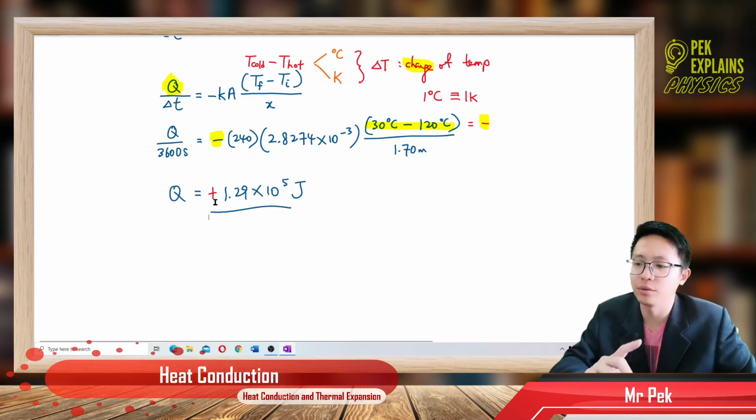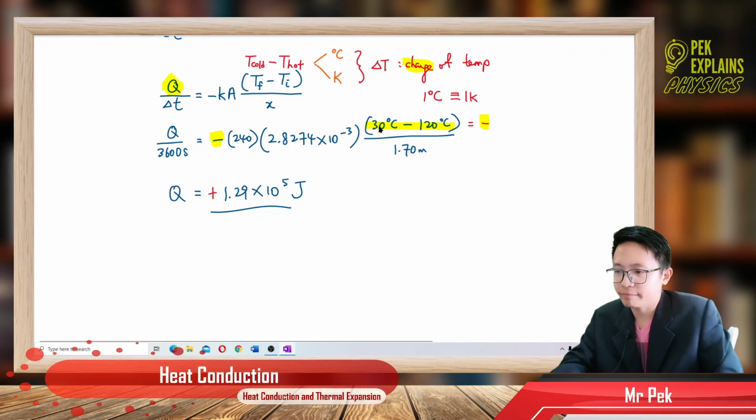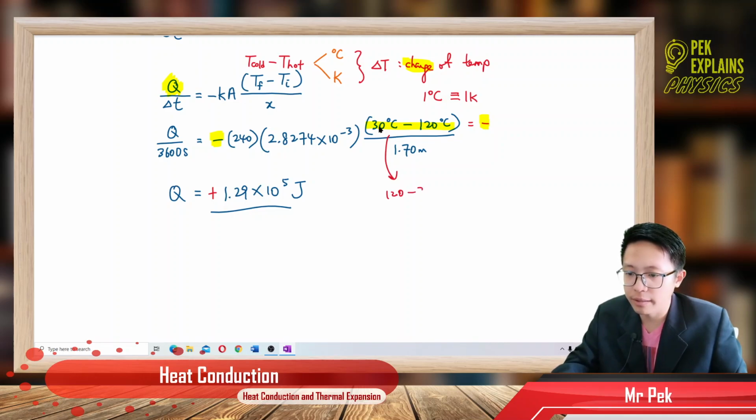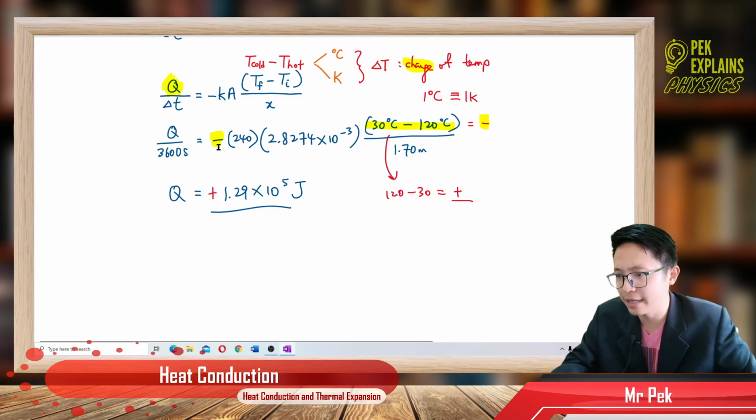If you get heat equal to a negative value, it means maybe here you used 120 minus 30. Then you get a positive value. When positive multiplies a negative, you get negative heat, which is wrong.